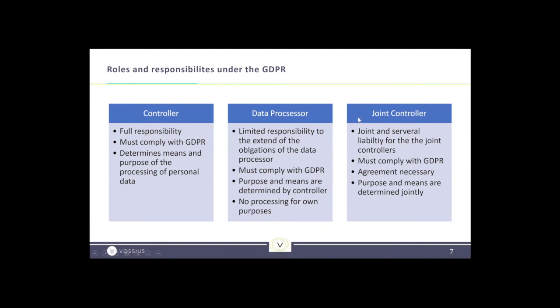And joint controllers are jointly and severally liable to the data subject. They are jointly and severally liable for the fines that can be incurred under the GDPR, but also for damages under the GDPR if someone doesn't process personal data in accordance with the GDPR. You can also claim damages as a data subject.